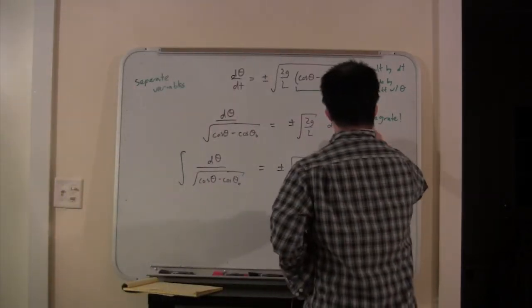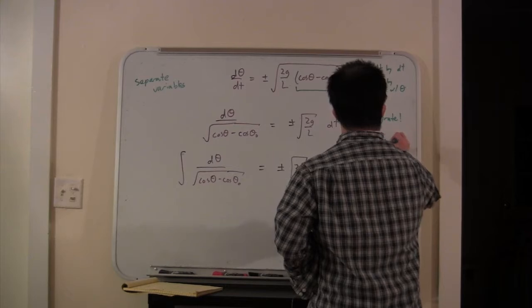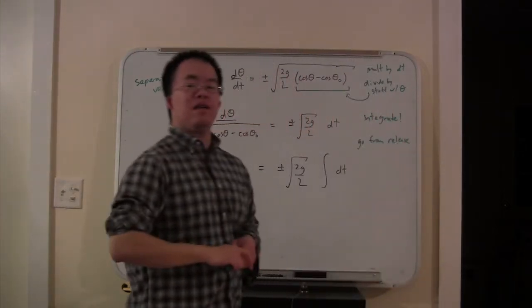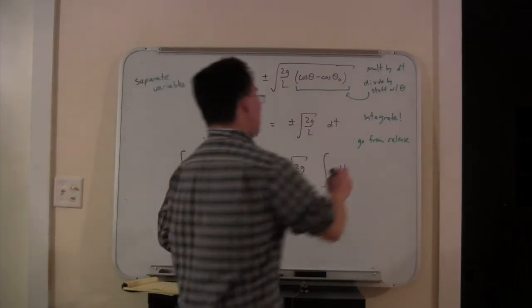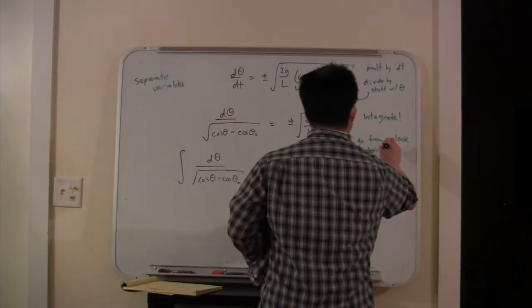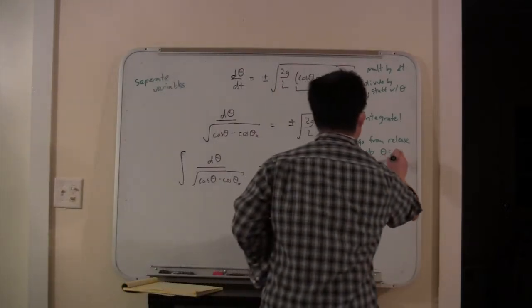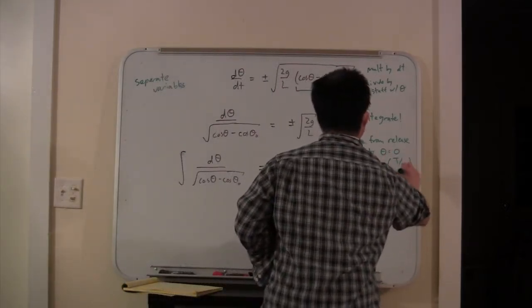So integrate from the release to theta equals 0, which is 1/4 of a period. Okay.